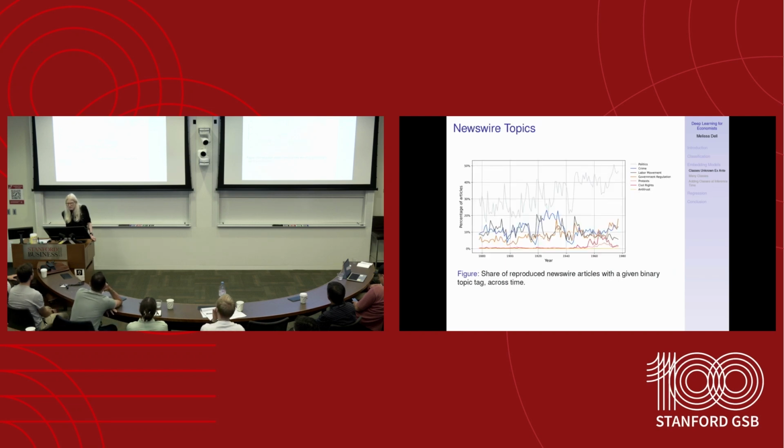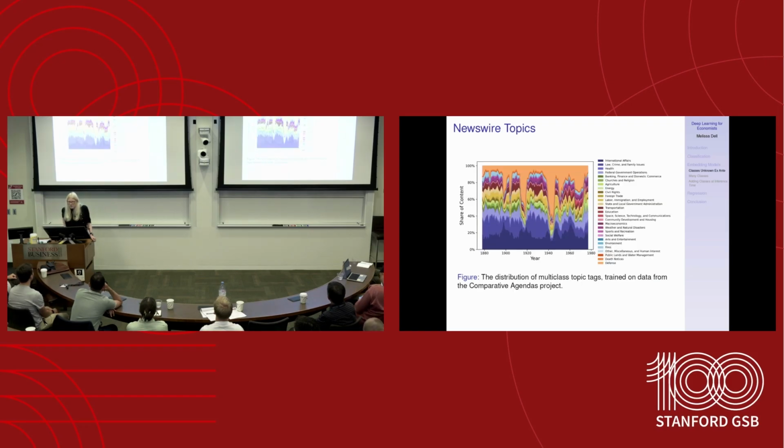We have topic classification models, and I think this is pretty interesting, like say on crime, you can see the prohibition spike, on protests, you see the 1960s. These are high quality topic classifiers that we trained ourselves with our own labeled data. We also use topic tags from the Comparative Agendas, which are maybe not quite as high quality, but give us more topics, and those are available as well.